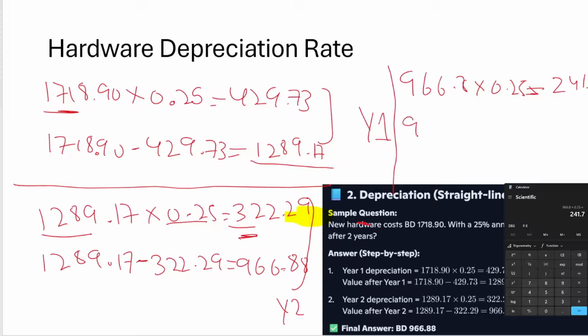We'll take this value, 966.8 minus 241. Let's calculate it. We get 725 approximately. So this is the value after 3 years. So whatever we want to do, we just keep on adding to it for however many years we want. This is for year 1, this is for year 2, and this is for year 3.